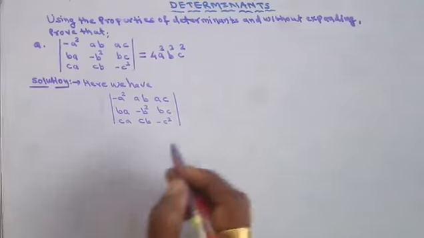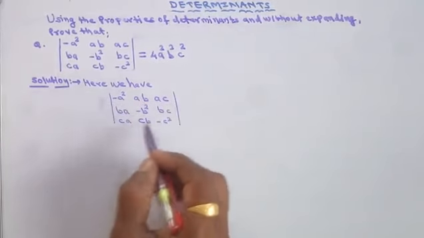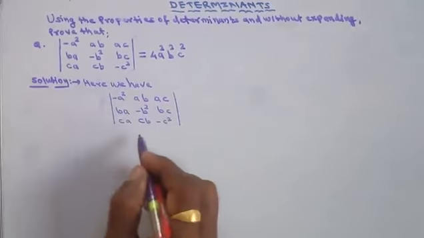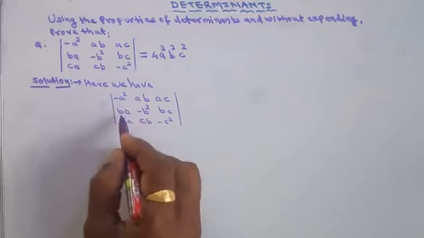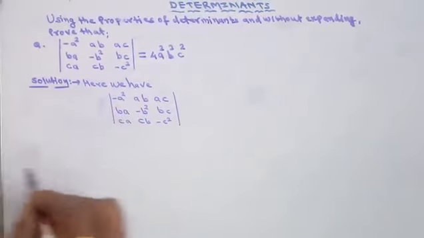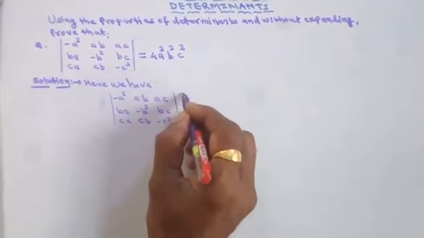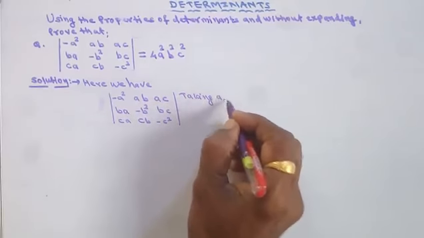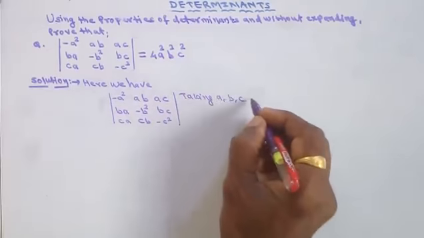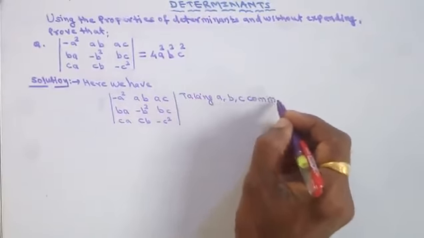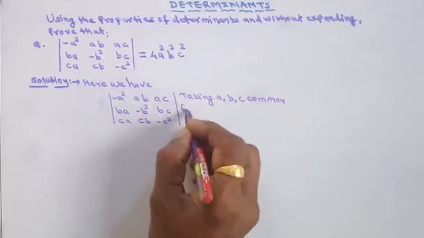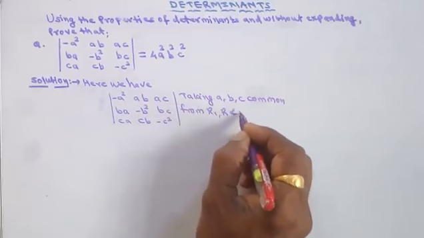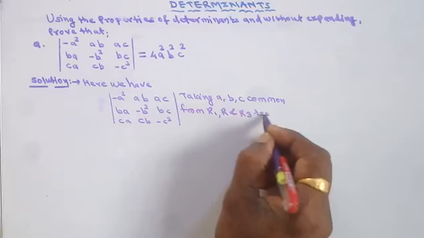You observe this: in the first row a is common, in the second row b is common, and in the third row c is common. So I am taking a, b and c common from r1, r2 and r3 respectively.